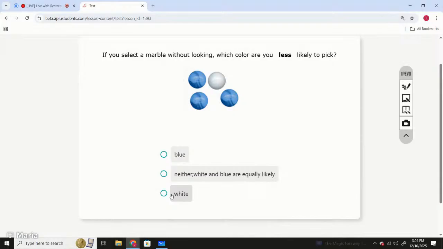That means it is more likely to pick blue marbles than white. So you are less likely to pick the white marble because there is only one white marble and three blue marbles.